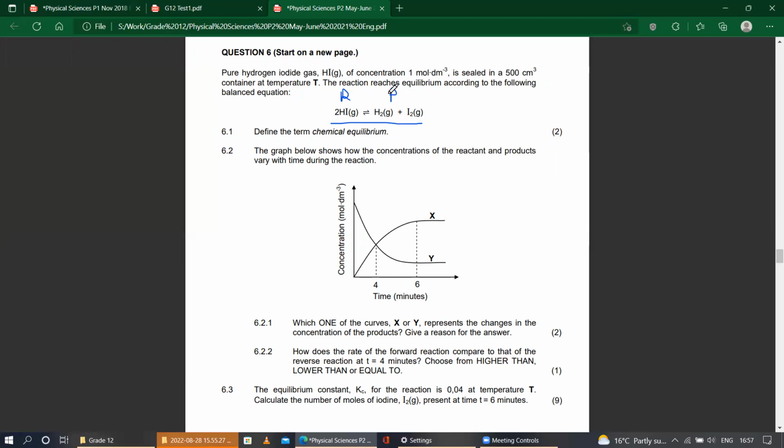So you need to know what affects the chemical equilibrium and what affects the chemical equilibrium constant.